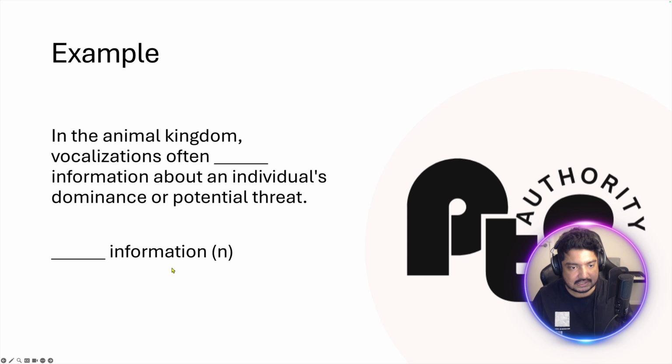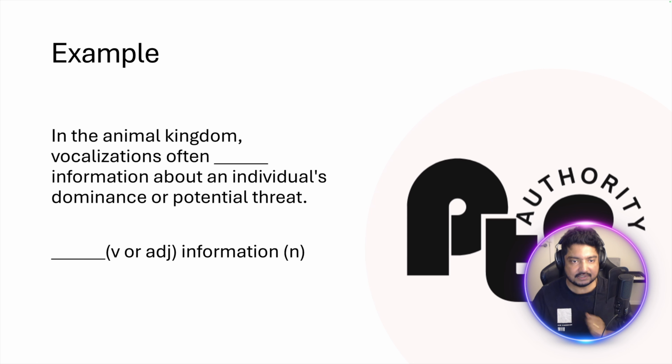As you can see, information is a noun, so the blank is something that describes this information or an action with this information. So it's a description word or an action word, and the possible options for this blank can be a verb or an adjective.